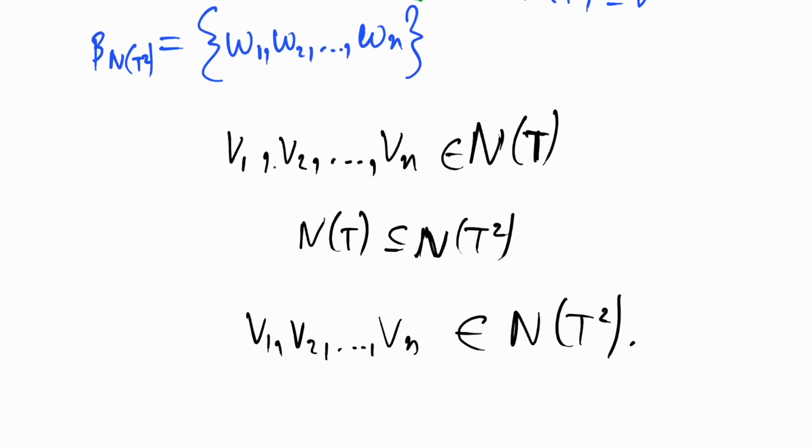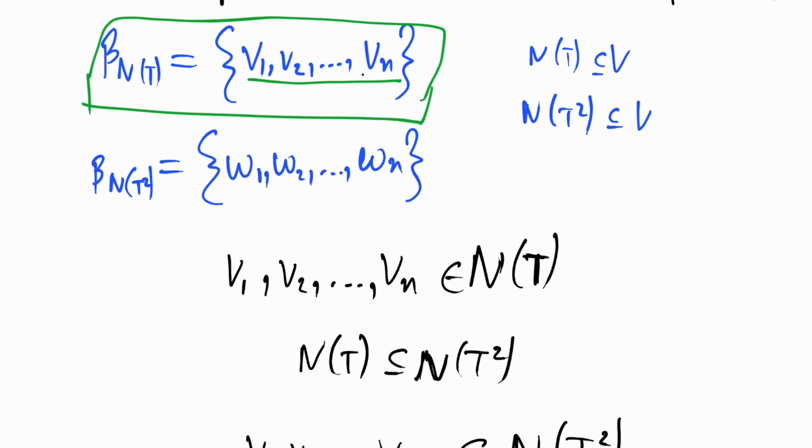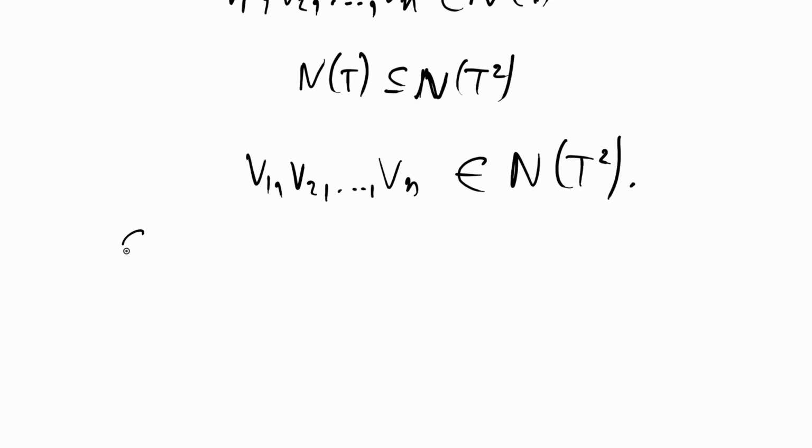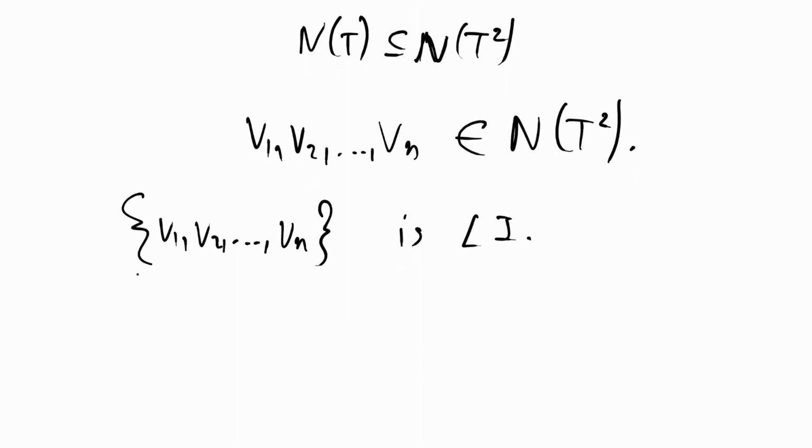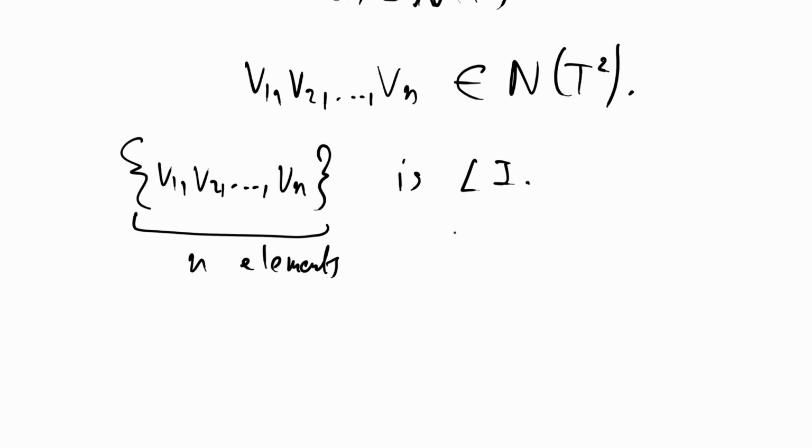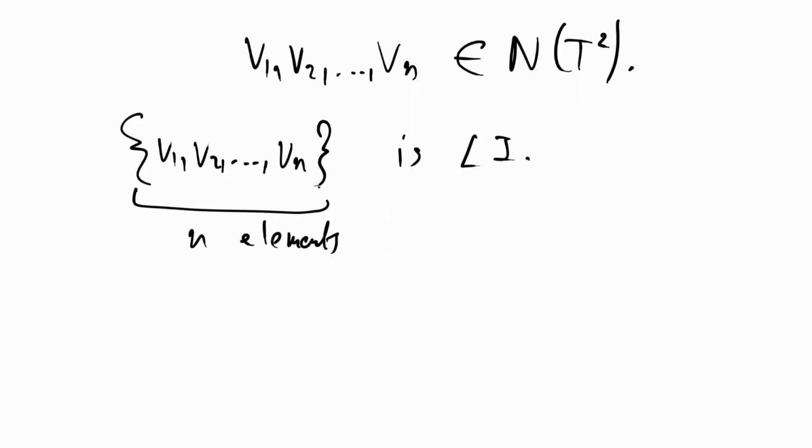Moreover, v1, v2, all the way to vn, is a basis for N(T), which means that this set is linearly independent. We see that this set has n elements, it's linearly independent, and all of these elements are part of N(T²).